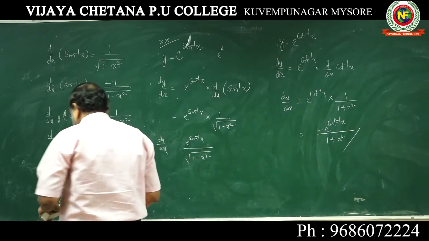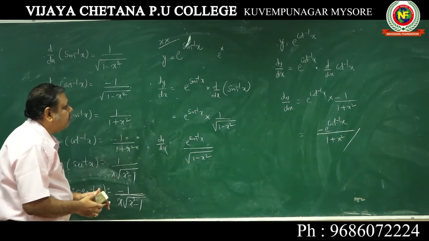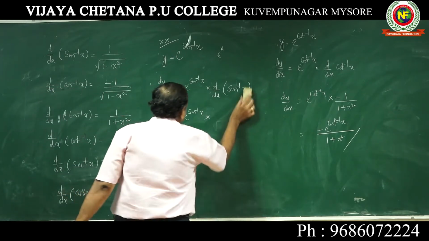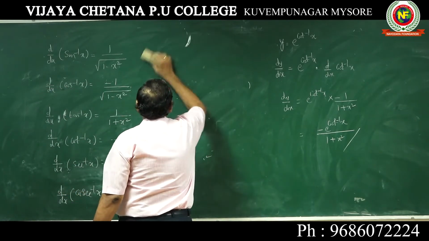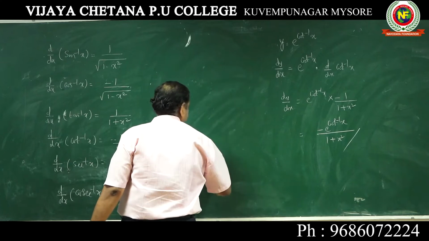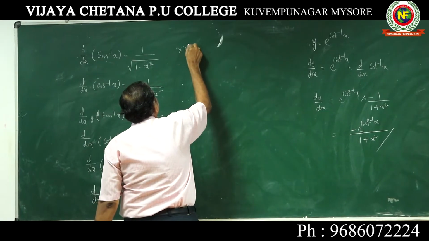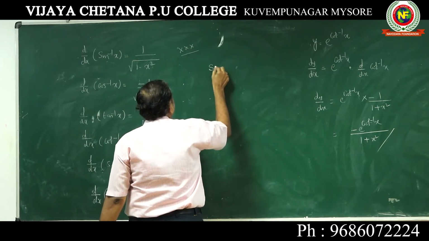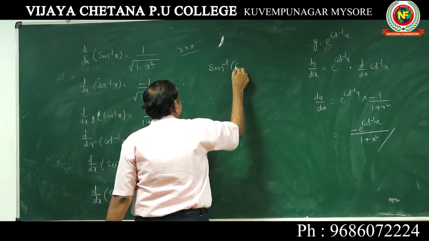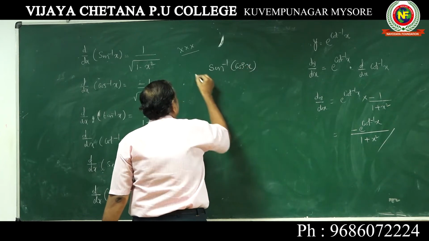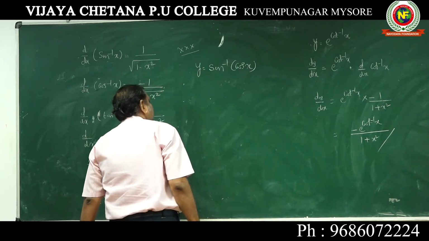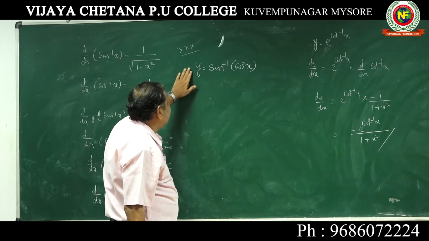I suppose all of you are following. Now we shall go to a very important problem for examination, sin inverse cos x. Y is equal to sin inverse of cos x. Y will not be given, you should take y.